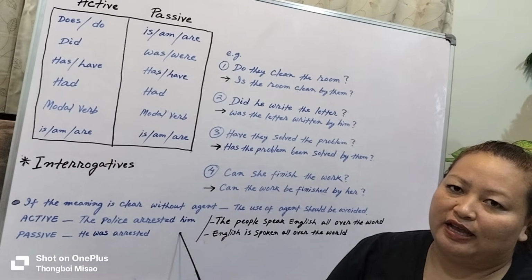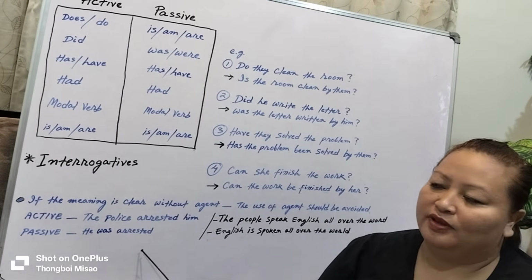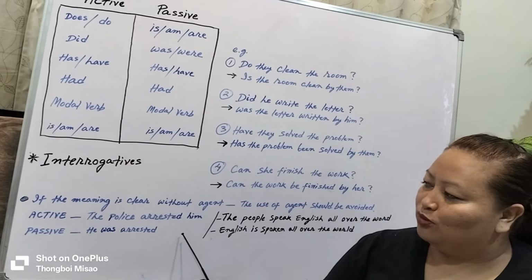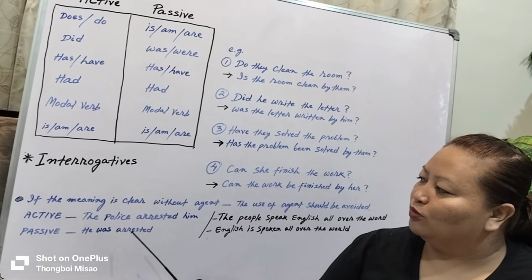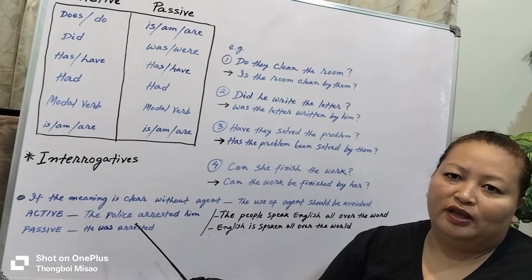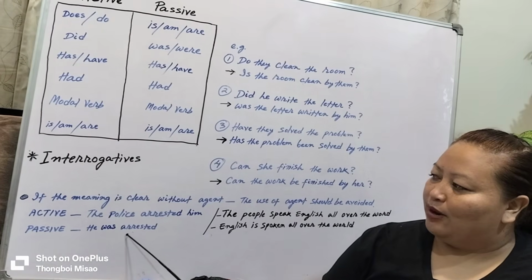Passive voice: He was arrested. Then "by the police" can also be added, but as it is the police, the subject, it can be left out.